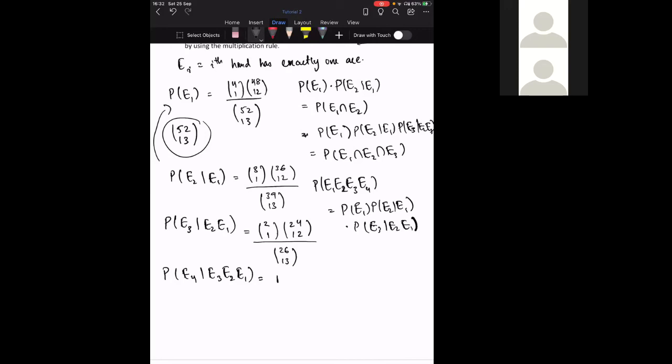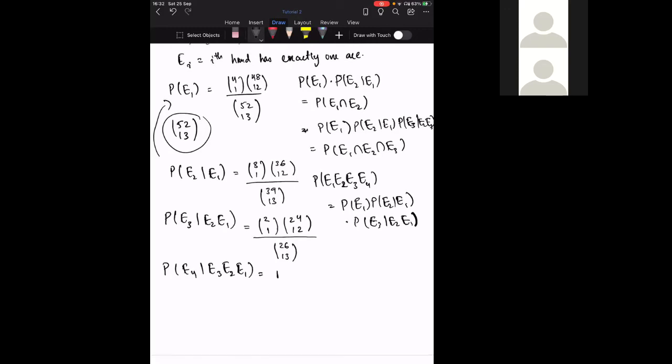And we don't need to multiply the last value because that's just 1. So this would take a while to calculate, so I'm just going to leave it at that. But does anyone have any confusion in the solution itself?